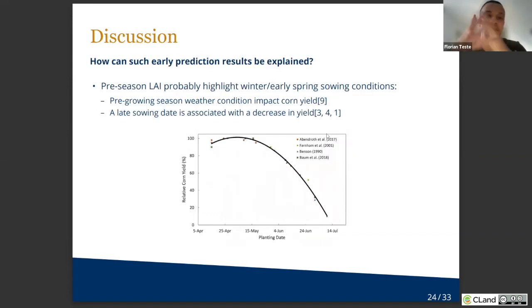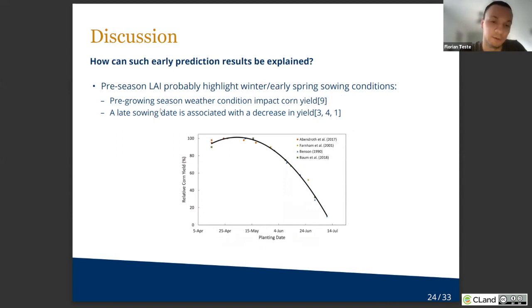We think that the data in the early season highlight the late winter or the early spring sowing conditions. We think that for two reasons. First, because we've seen a recent paper, which shows that the weather in the late winter and early spring has an impact on the soil quality, which will have an impact on the corn yield.